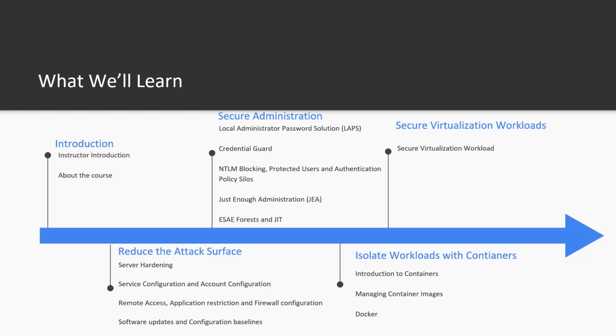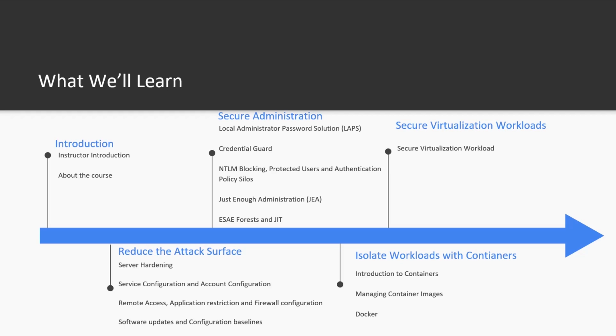Then we'll get into the course itself, with the second section called Reduce the Attack Surface. Here we are going to discuss server hardening, the server hardening process, service configuration and account configuration, remote administrative access, application restriction and firewall configuration, software updates, and configuration baselines.